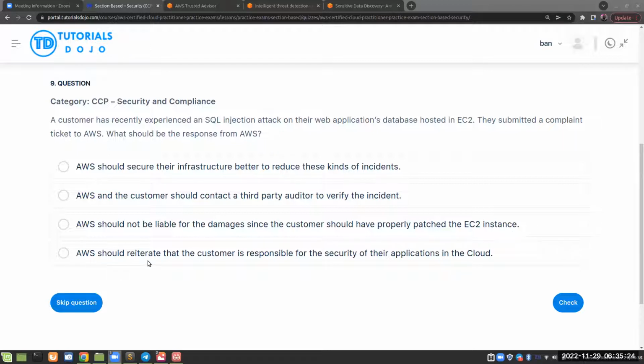AWS should reiterate that the customer is responsible for security of the application in the cloud. So those are the different options. I think Wada is saying that D is correct. Linda says it's D as well. So 2 people are going for D.